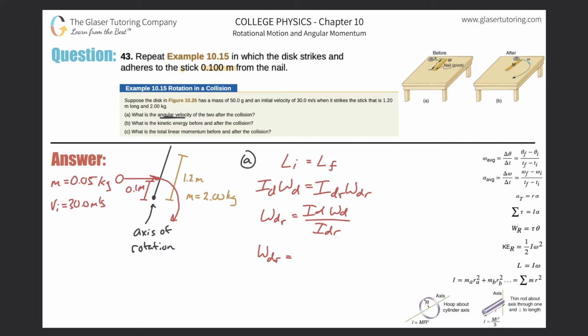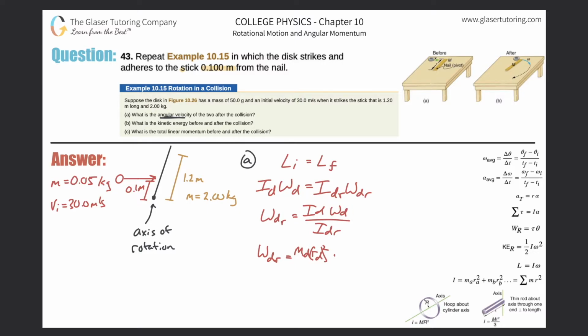The model that best approximates it is this hoop, where the mass is located at a certain distance from the axis of rotation, on the periphery. So this is the mass of the disc multiplied by the radius of the disc squared, and then multiplied by the angular velocity.